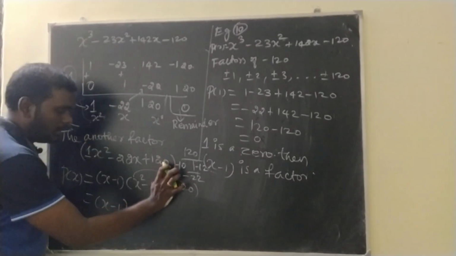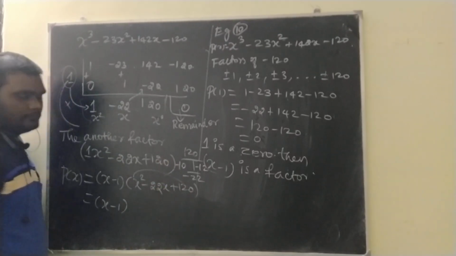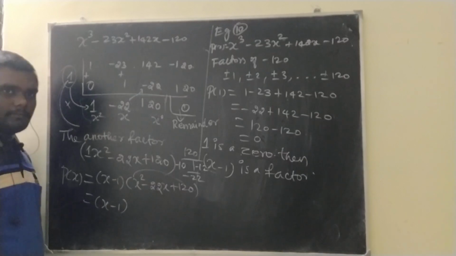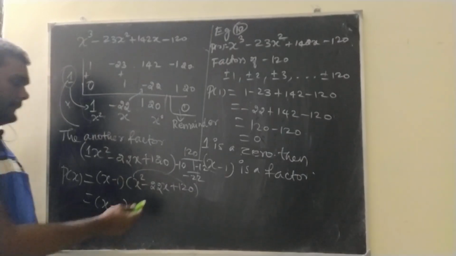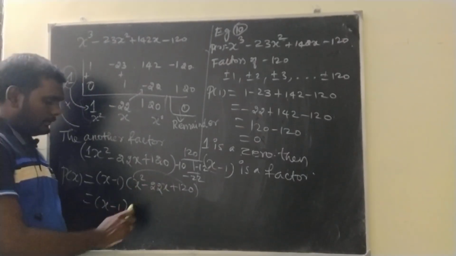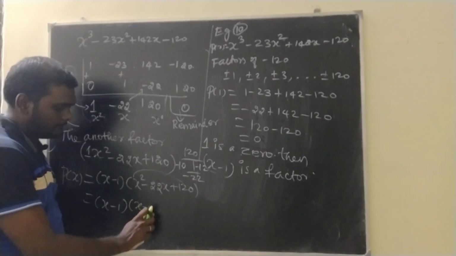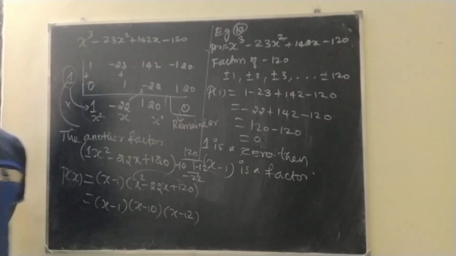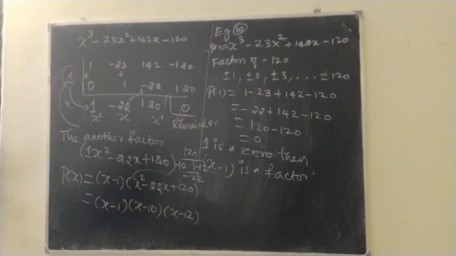This is 22. I'll write 2 like this. That sounds like 8 to you. So, x minus 10 and x minus 12. That is all. These are the 3 factors.